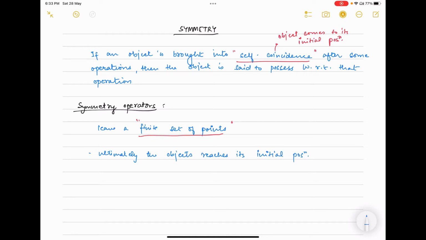Okay, so it closes space onto itself. We continue to apply symmetry operators until the initial position is reached. Okay, and things look identical before and after the operation of symmetry. There are no changes basically.